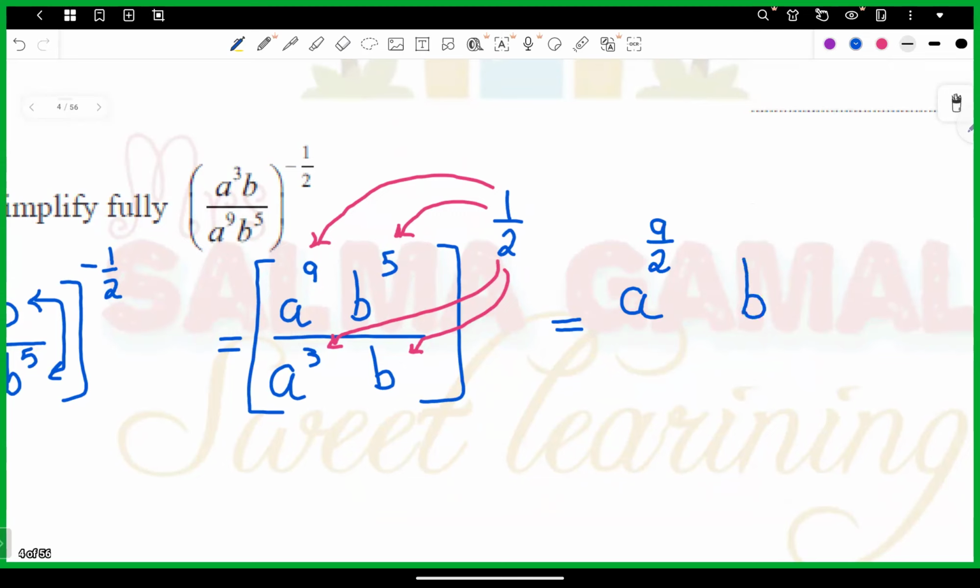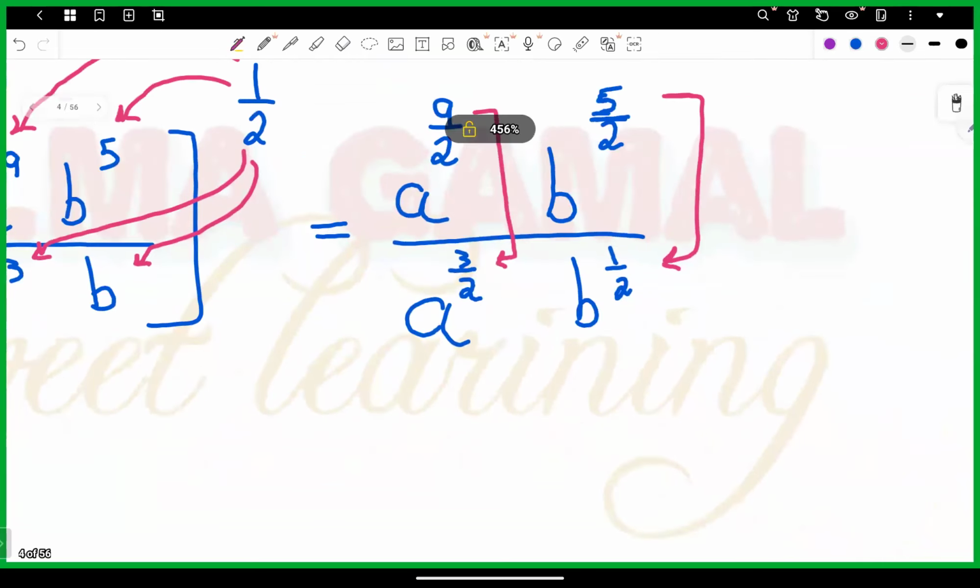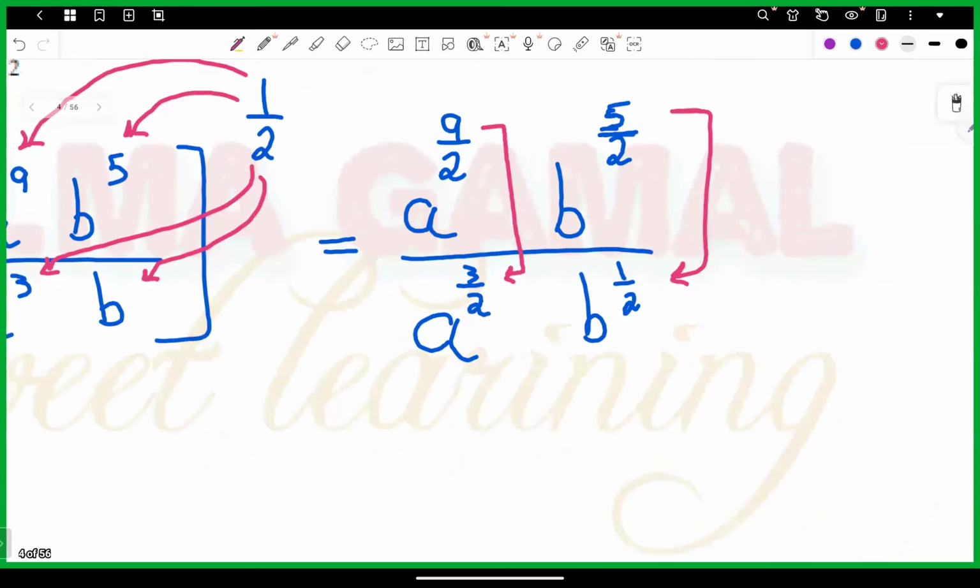Write your answer in a fraction. 5 multiplied by half equals 5 over 2, over a to the power of 3 over 2, b to the power of half. And then we need to subtract 9 over 2 minus 3 over 2, and 5 over 2 minus 1 over 2, to find the power of A and to find the power of B.